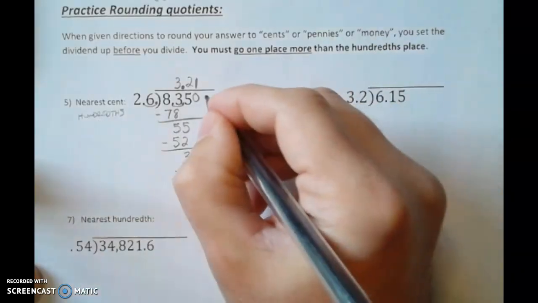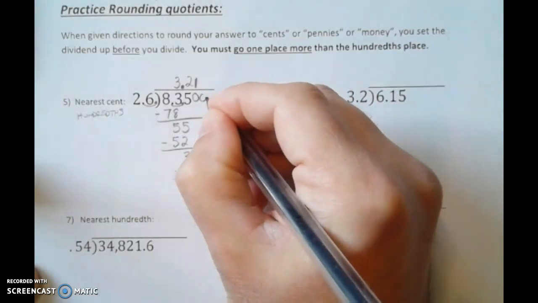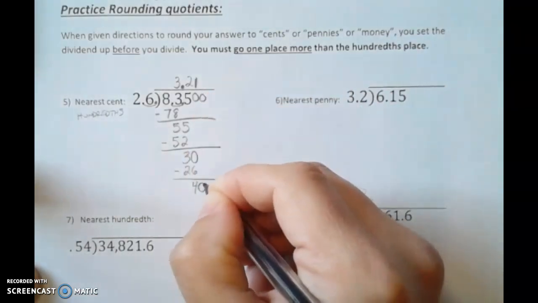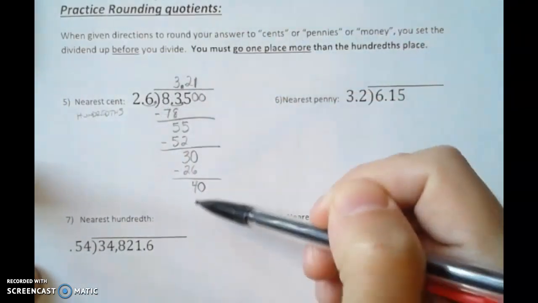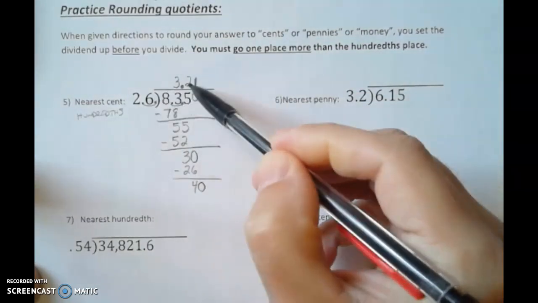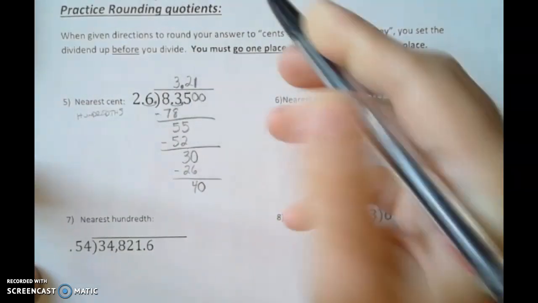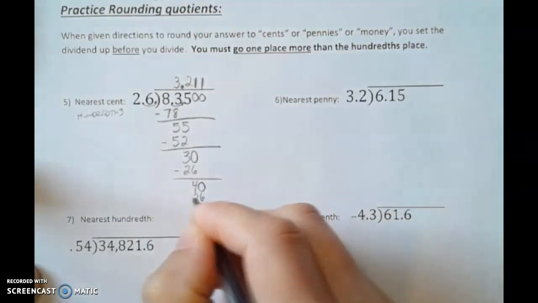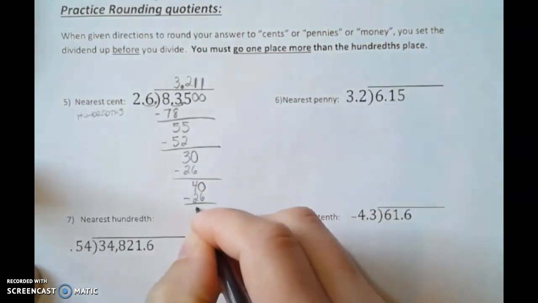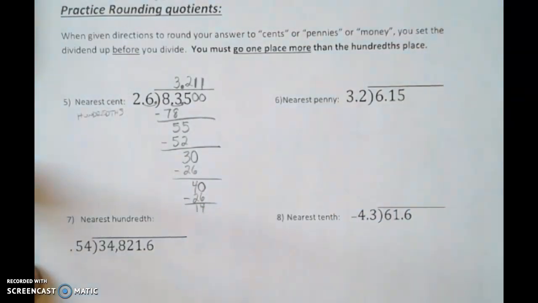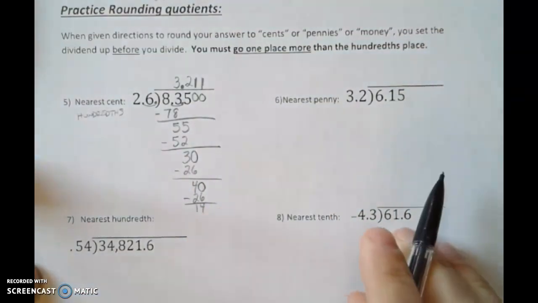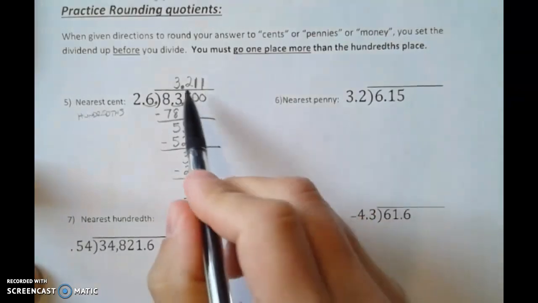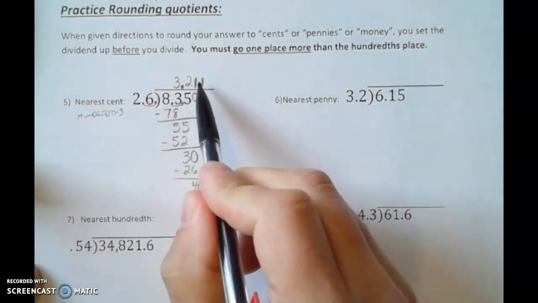So I'm going to do this division one more time. I'll add a 0. I'll bring it down. And now I have to figure out 26 into 40. Well, 26 times 2 when we did that was 52. That's too much, so it's only going to be one time. 1 times 26 is 26, which leaves us with 14. Now I can round my answer to the nearest hundredth. 3 and 211 thousandths.